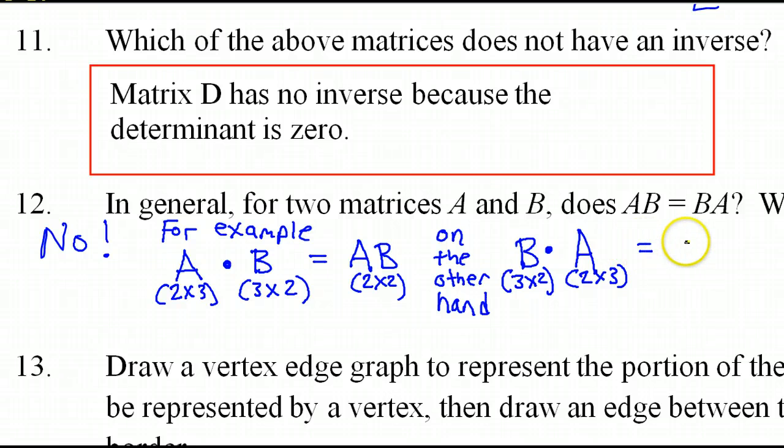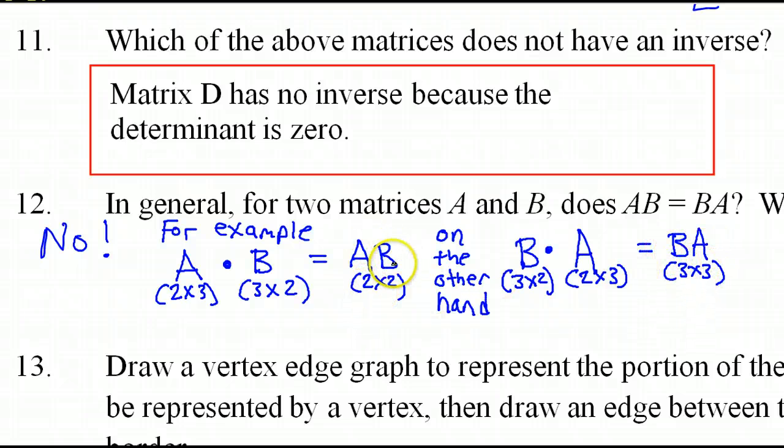However, the product BA would have dimensions 3 by 3. So AB is a 2 by 2 matrix and BA is a 3 by 3 matrix.